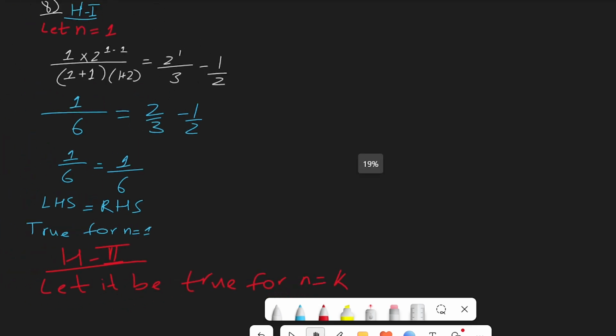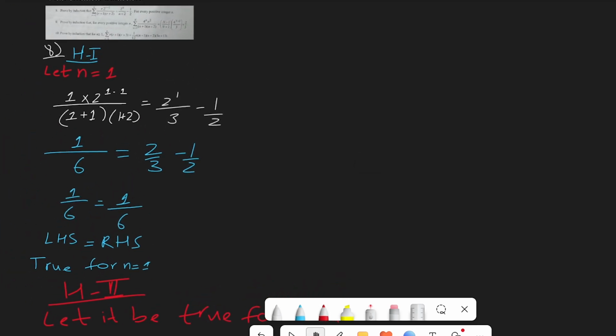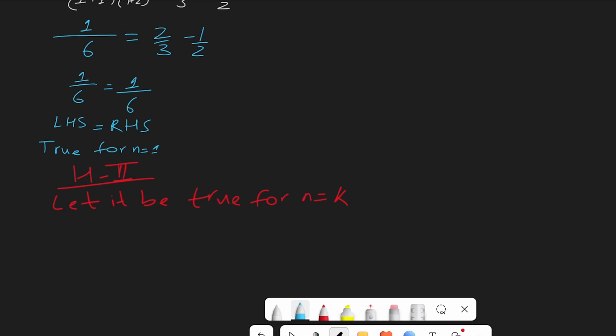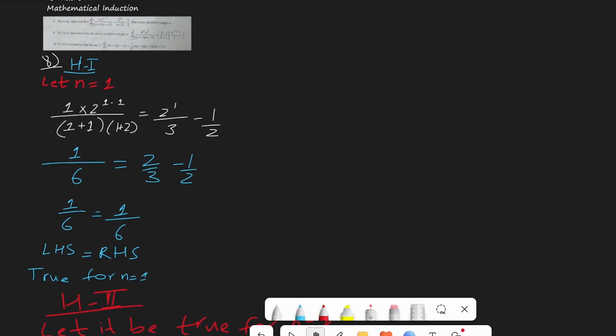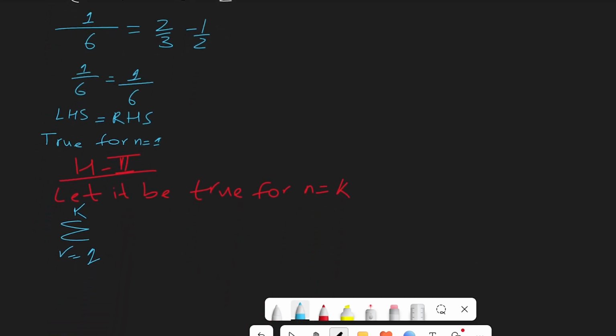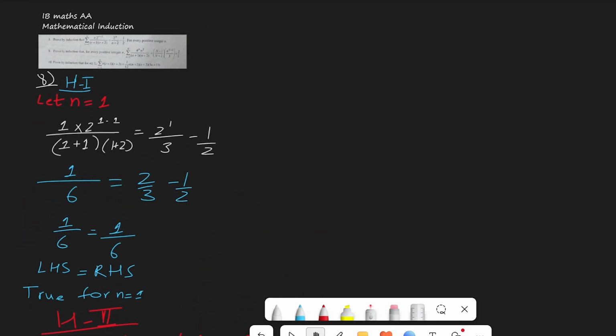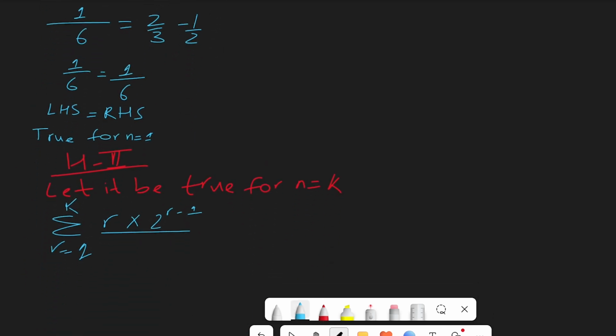Okay, so what we will do is simply write the entire thing, but with k instead of n. So it would be the sum from r equals 1 to k of r times 2 power r minus 1 over r plus 1, r plus 2. Perfect. That is just the question, the left hand side.